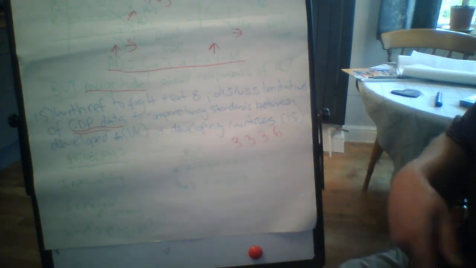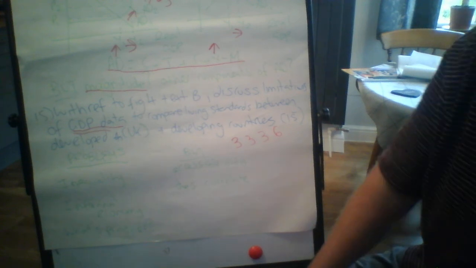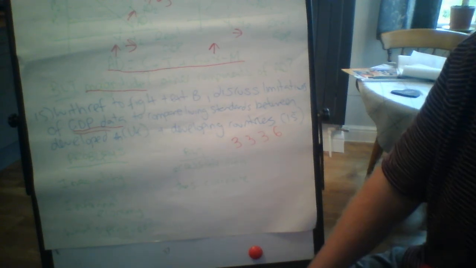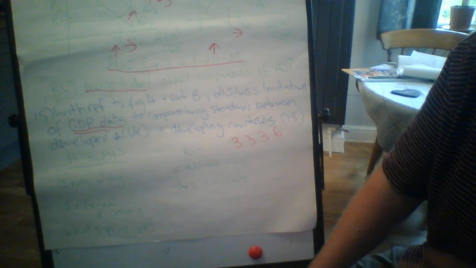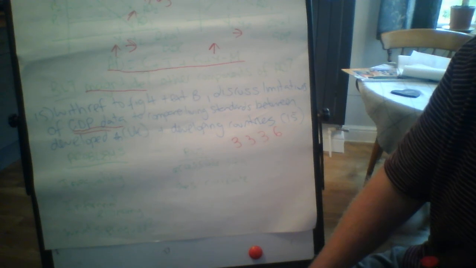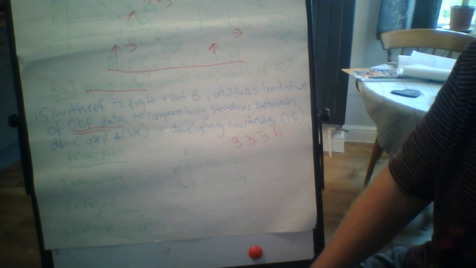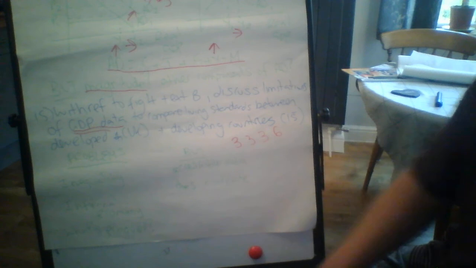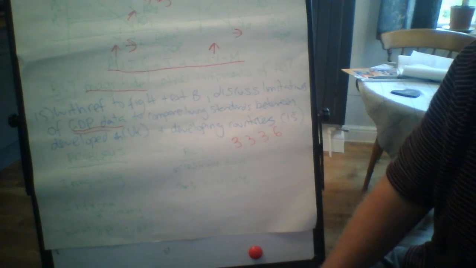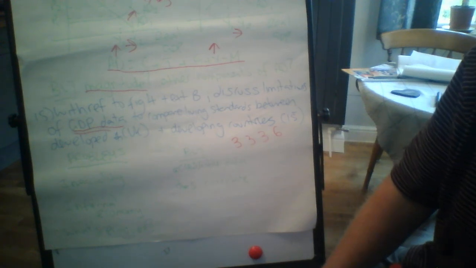Developing economies are the ones that you would generally find in big parts of Africa, bits of South America, Central America, even some East European economies, Asian economies, or lots of them anyway. So here you would expect lower living standards, so lower incomes, poorer access to education, healthcare, housing, etc.